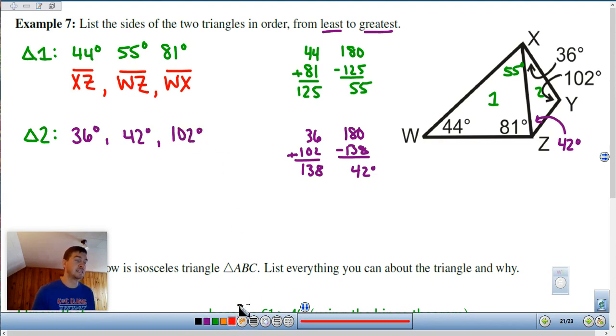So now the side across from 36 would be the shortest in triangle 2, which is ZY. The one across from 42 is XY. And then the largest in triangle 2 will be across from the 102, which is XZ.